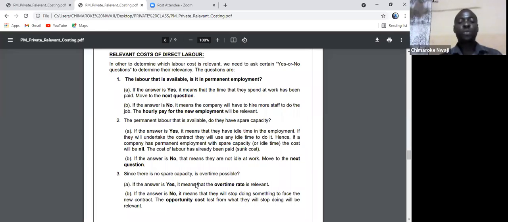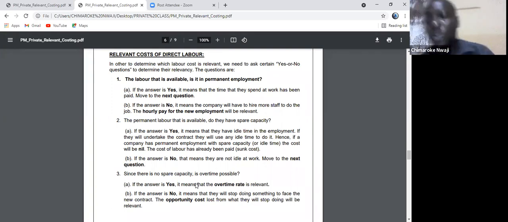You might have to stop doing something, forgo. Okay, tell them, since you cannot do overtime, suspend everything you're doing right now and take some time to do this contract. They'll say, oh, if we stop what we're doing now, we're going to lose some contribution. Yes, we're going to lose contribution. That is the opportunity cost.